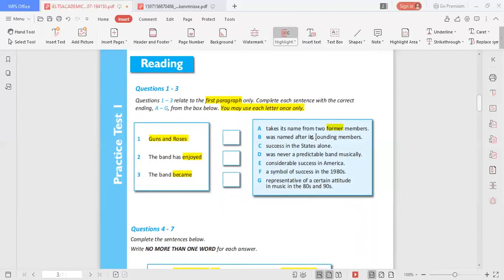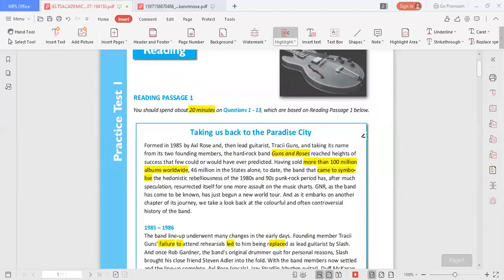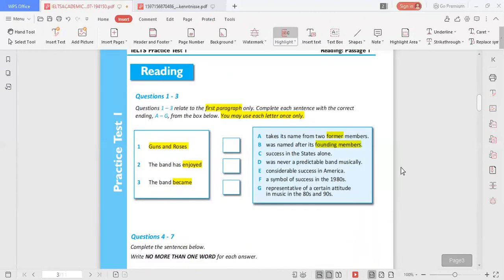The key word here is founding members, and we did read something like that. So if we go back, you will see that taking its name from its founding members. You see that? So that is your answer. That is answer letter B, okay?